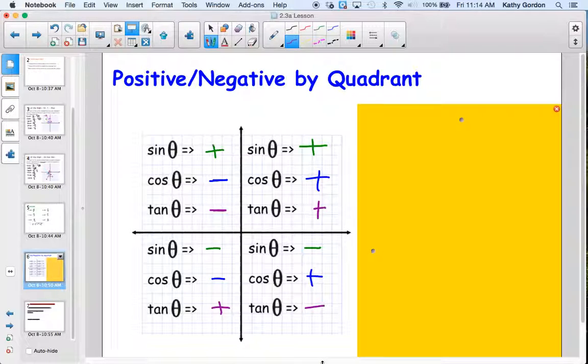Okay? So there's a little mnemonic that can help you to remember which trig functions should be what, depending on their quadrant. And the mnemonic goes like this. We start here in the first quadrant.